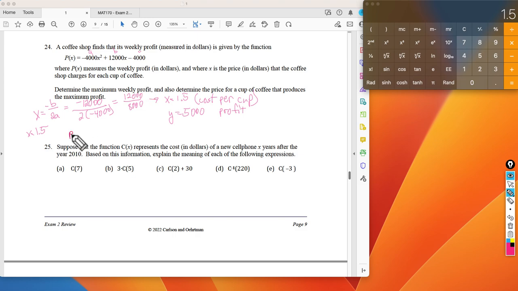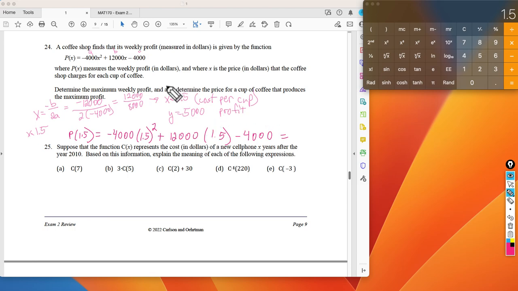So then we'd see P of 1.5 equals negative 4,000 times 1.5 squared plus 12,000 times 1.5 minus 4,000. If you plug all that in, you're going to get 5,000. And I'll let you do that, but that's one way.